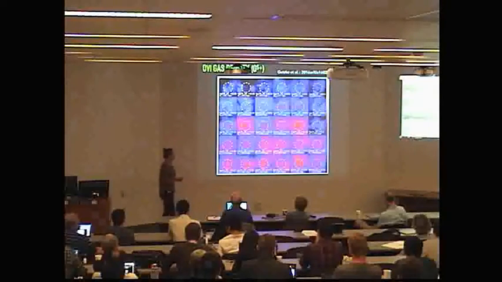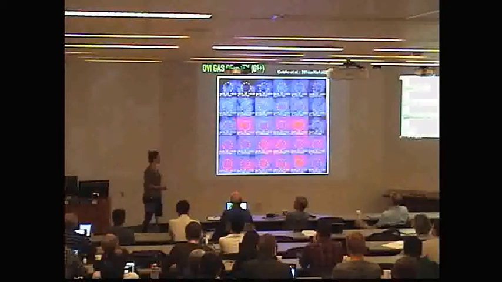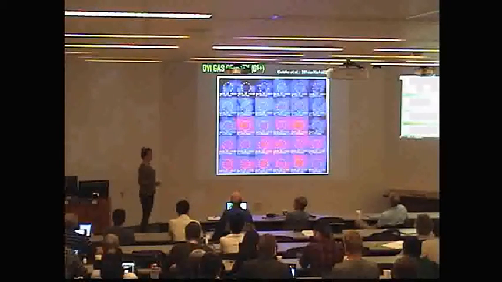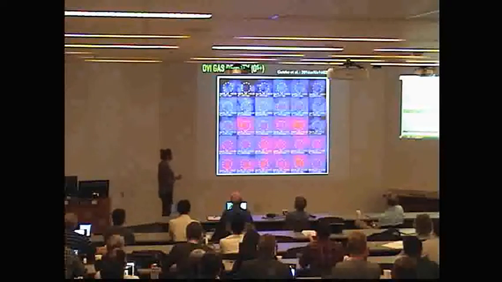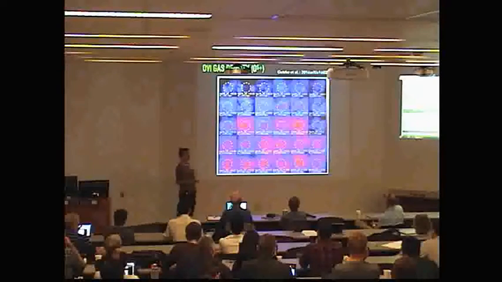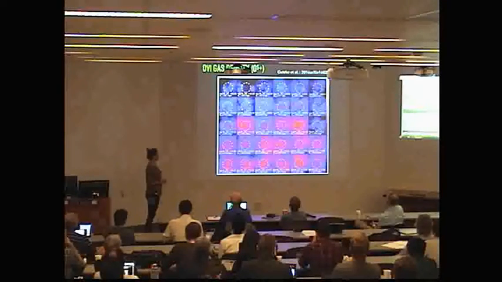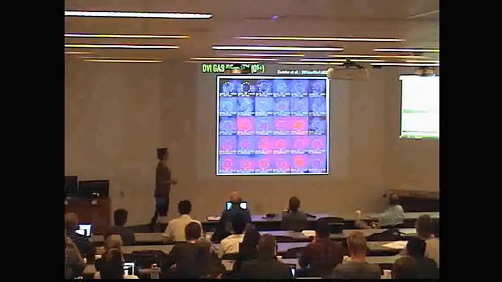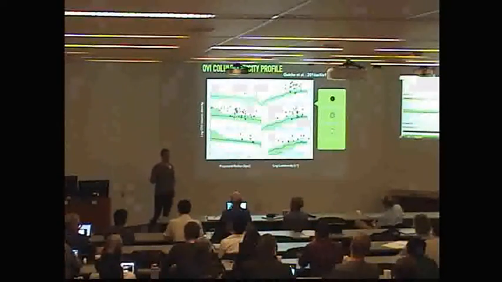And to get the oxygen-6, I need to take the oxygen and get an ionization fraction. I do this using a cloudy model that I'll go into a little bit later. So then we can derive column density maps of oxygen-6 for all our different galaxies. This, again, is only a couple of them, not all of them. And based on the column density maps, we can then create mock or stacked profiles of the different column densities.